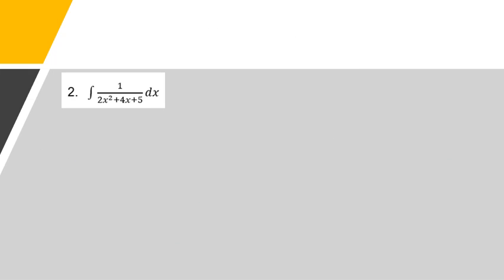Okay, I'm giving you another example. Okay, so integrate 1 over 2x square plus 4x plus 5. Okay. So sama macam tadi, kita akan guna completing the square. Sebab apa? Sebab bila kita akan integrate ni, kita nak guna yang ni, 1 over a square plus u square du is equal to 1 over a tangent inverse u over a plus c.